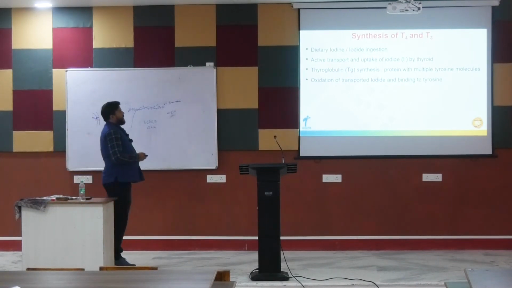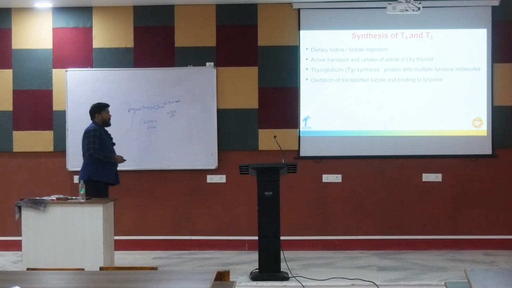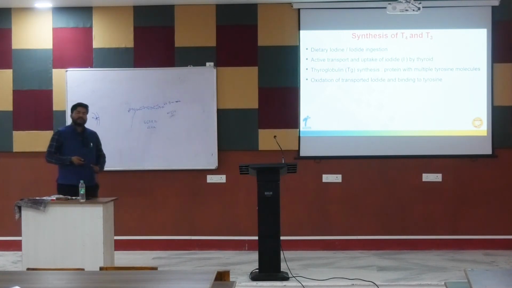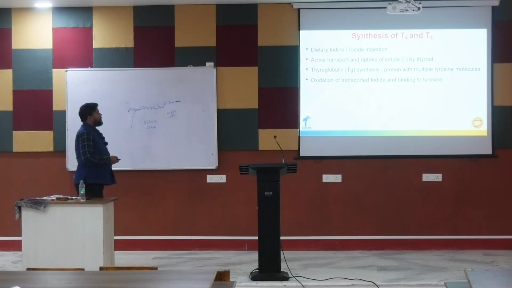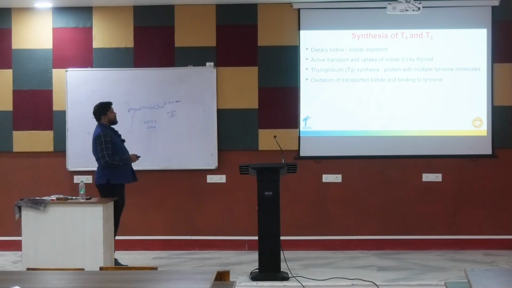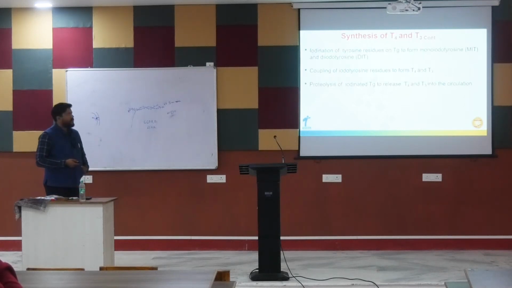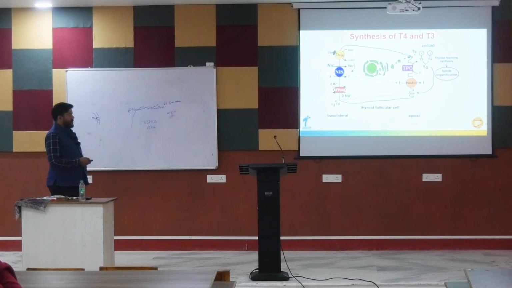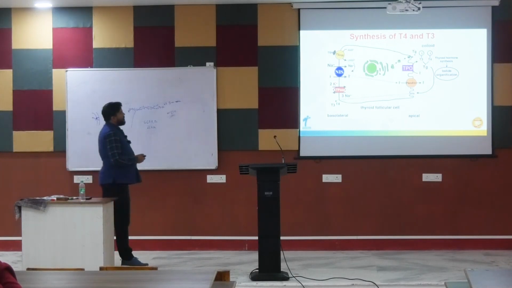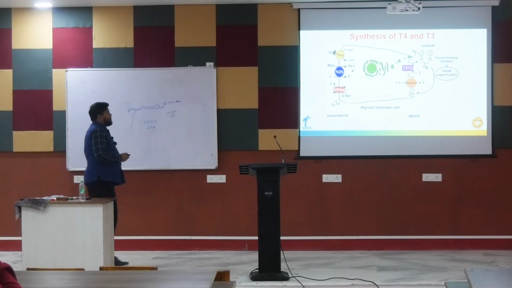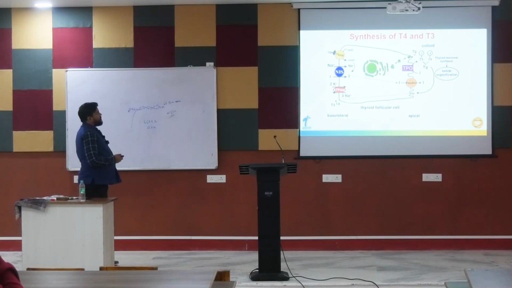So dietary iodine ingestion, active transport, uptake of the iodide by the thyroid with the help of the sodium iodide symporter, followed by oxidation of this transported iodide and binding to tyrosine residues. See, this is the sodium iodide symporter. Iodide enters into the cell with the help of sodium.